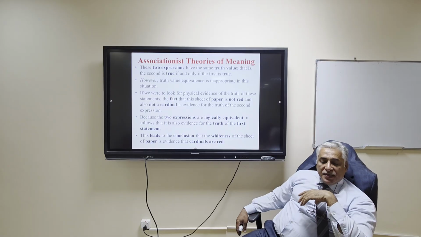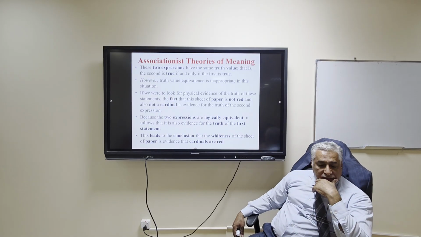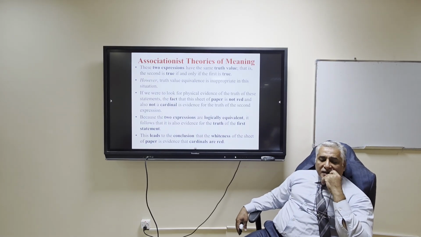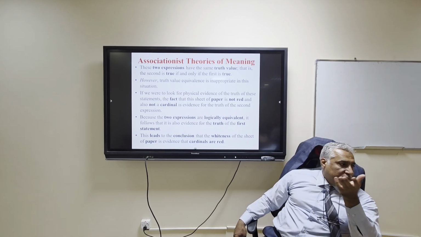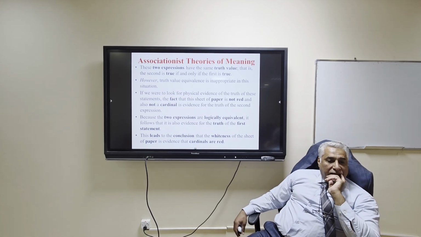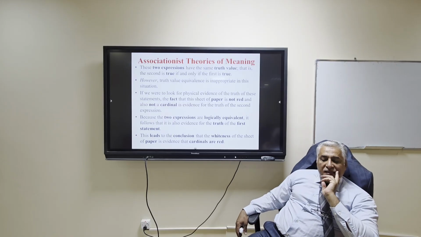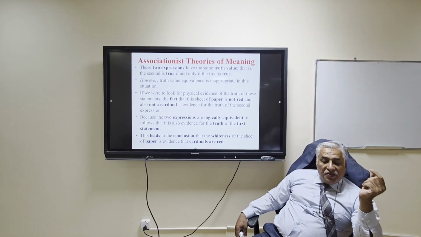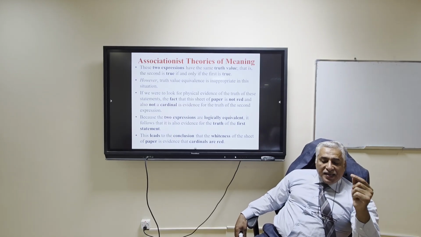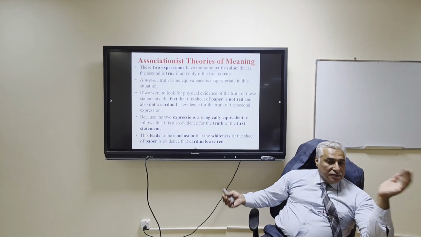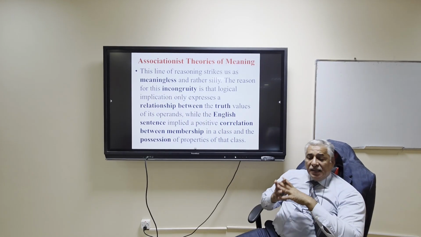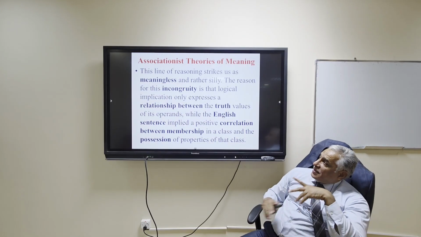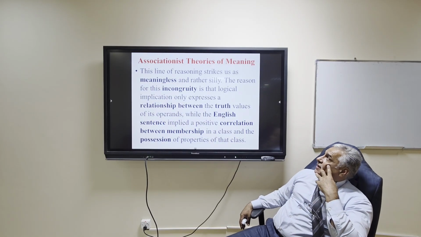Because the two expressions are logically equivalent, it follows that it is also evidence for the truth of the first statement. This leads to the conclusion that the whiteness of the sheet of paper is evidence that cardinals are red. This line of reasoning strikes us as meaningless and rather silly.